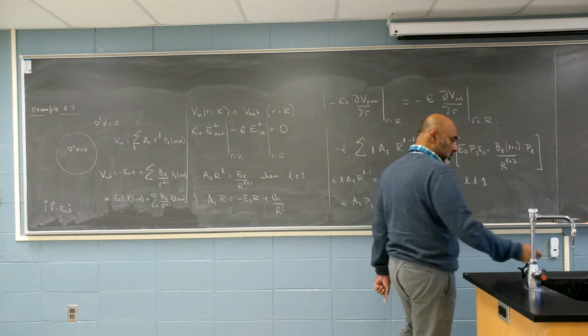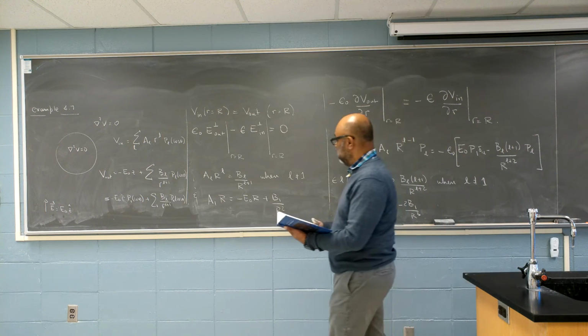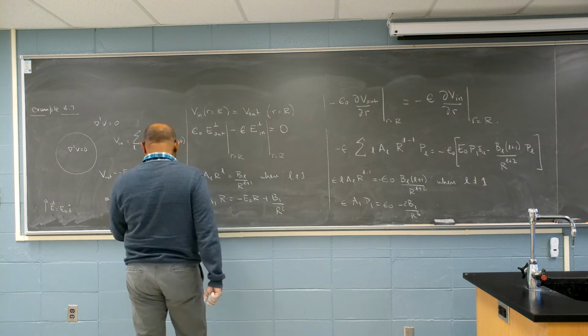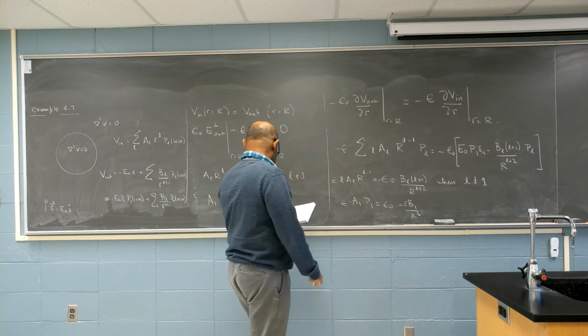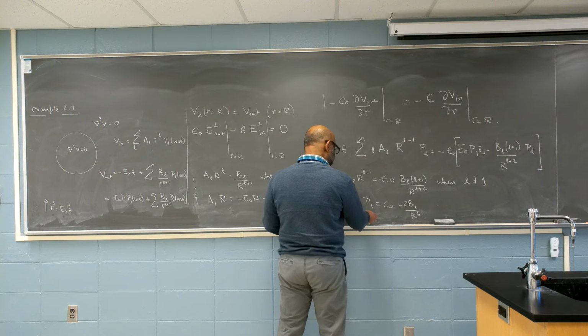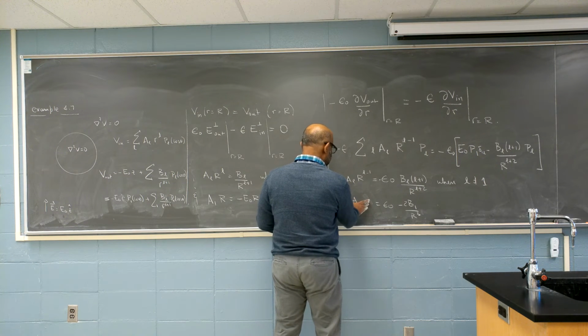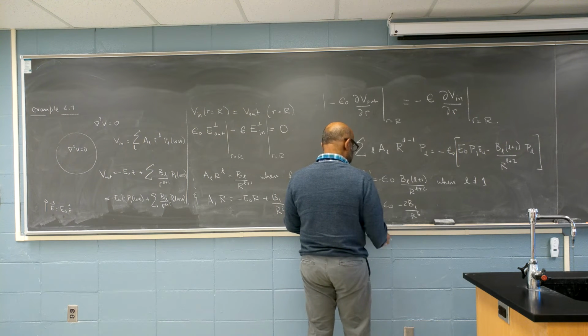So at this point, I want to make sure I'm not making any mistakes, and I want to check with the book. So let me check this condition. This is correct. A_1 R minus R squared, correct. Then I get, oh, sorry, not P_1. The P_1's cancel.